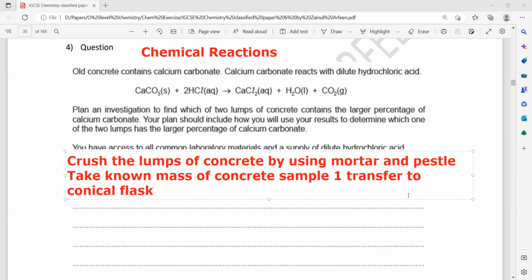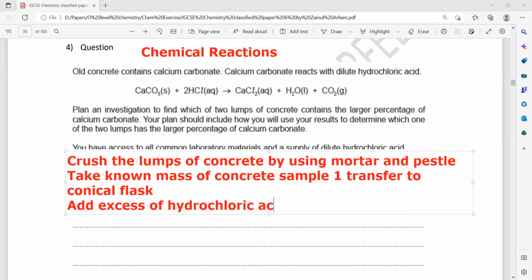So after transferring that into a conical flask, we will add excess of hydrochloric acid. After adding excess of hydrochloric acid, how will we know we have more than enough?